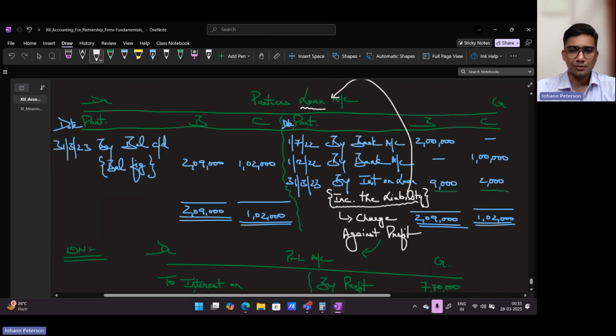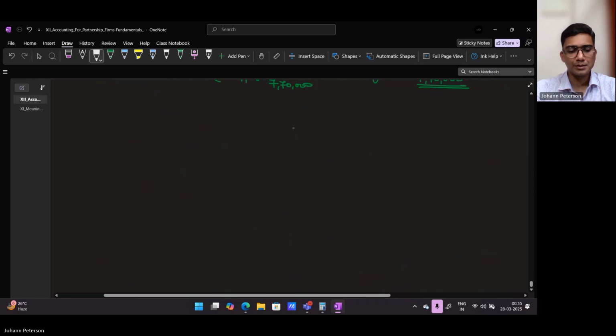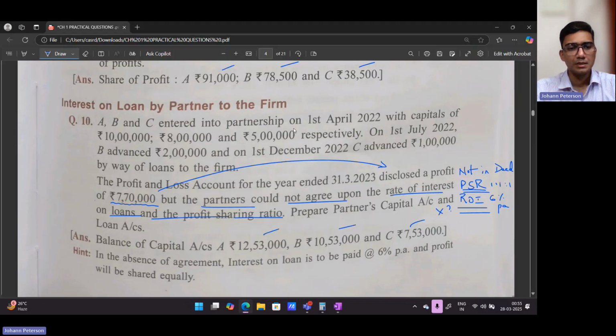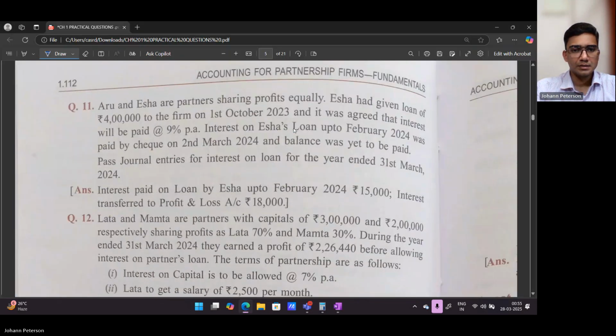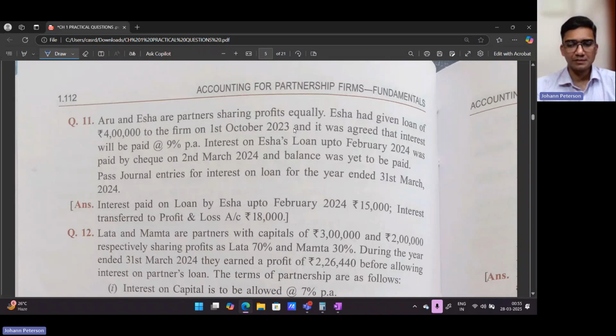Next, which question should we do? Yes, let's look at question 11. It says A and E are partners sharing profits equally. E had given a loan of 4 lakh to the firm on 1st October, and it was agreed that interest will be paid at 9%.